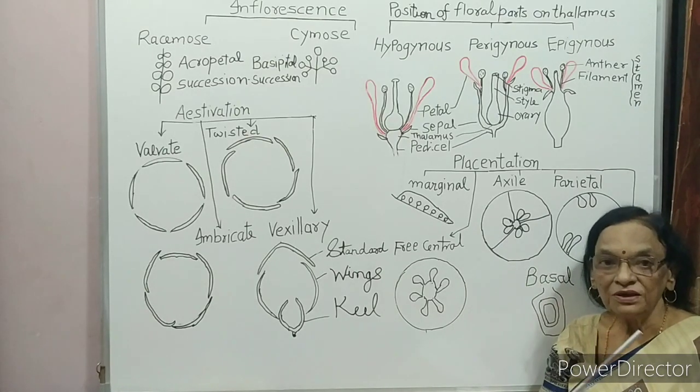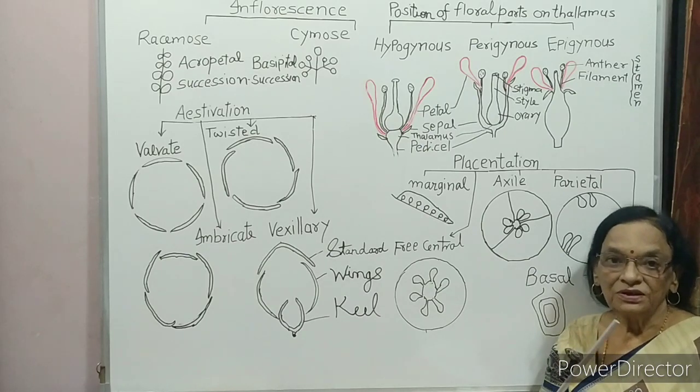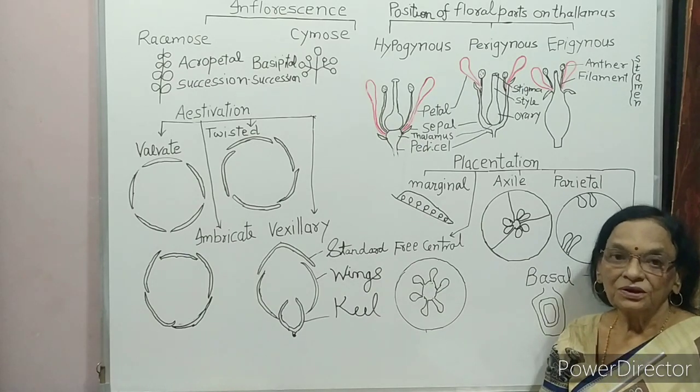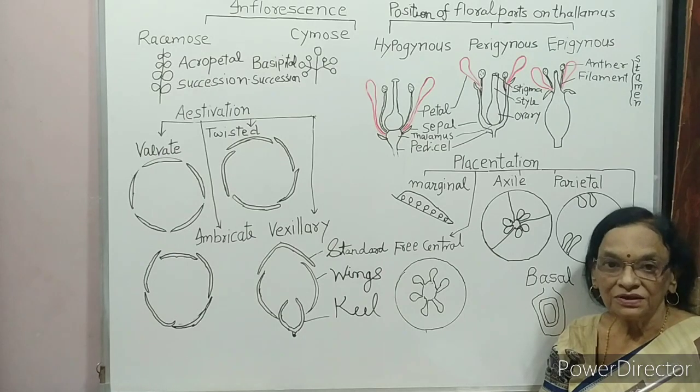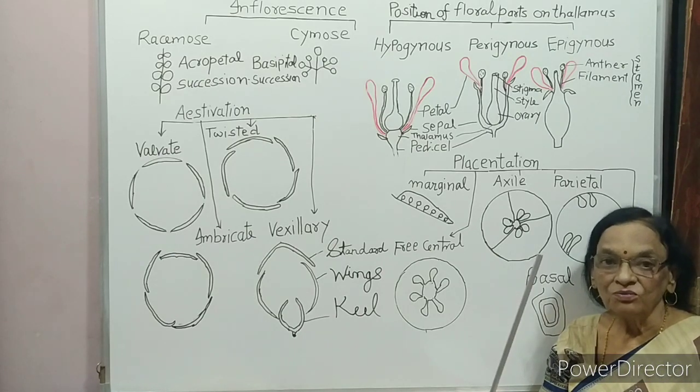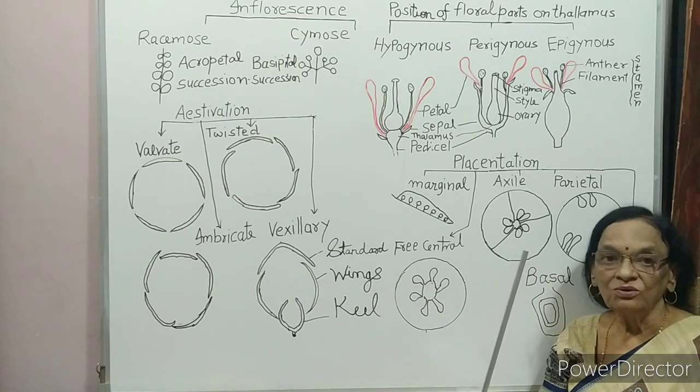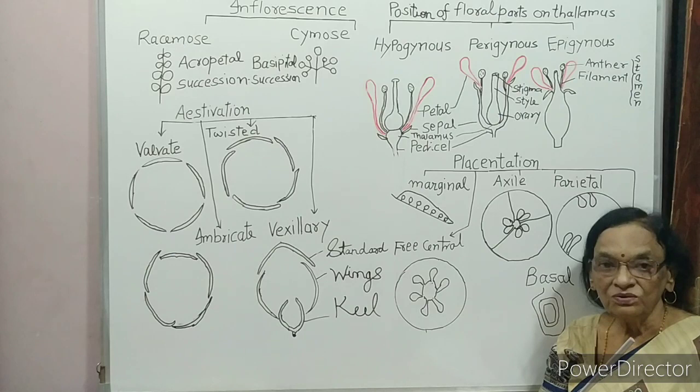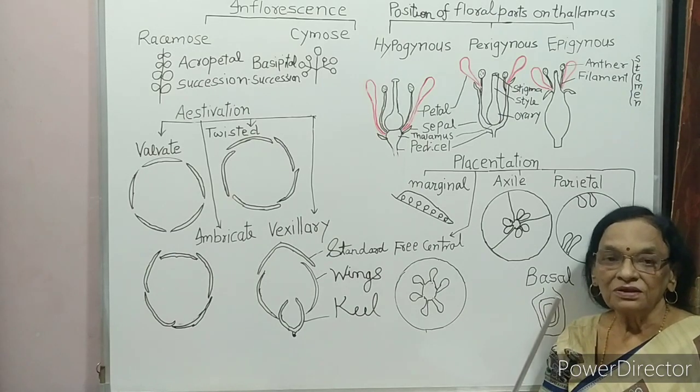If stamen has 2 groups, as in pea plant, which has 10 stamen, one group of 9 stamen and another group of a single stamen, it is called diadelphous. Di means 2. Having 2 groups of stamen is called diadelphous.